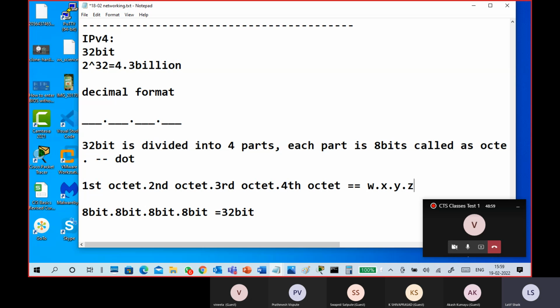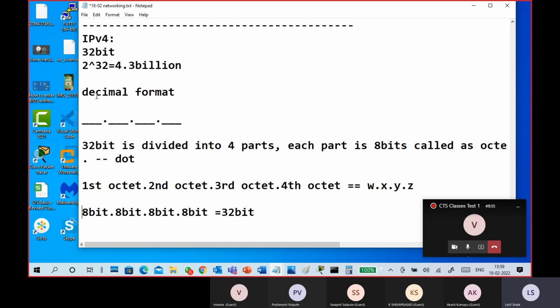This is the standard, the way I learned from my textbook, my source, my notes: first octet, second octet, third octet. In some places, for ease of understanding, people use w.x.y.z. For me, it is the first octet. So there is no difference between those things.